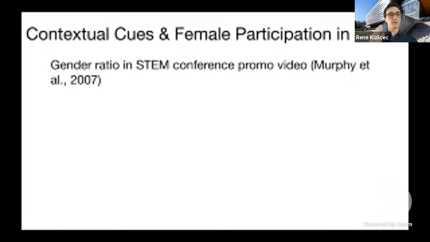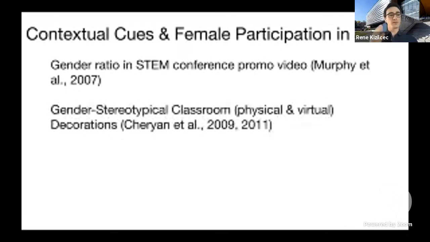Some other work has looked at gender stereotypical classrooms, both physical, where they change the art and the decoration in a physical computer science classroom, or virtual, where they did it in VR, both times showing that perceptions of belonging among women in that classroom changed as a result. Men's perceptions stayed exactly the same in those studies.